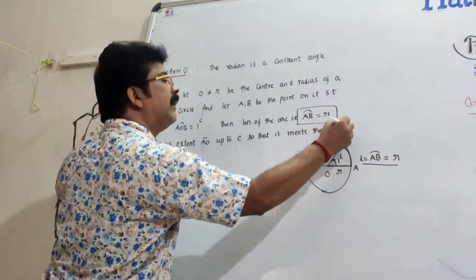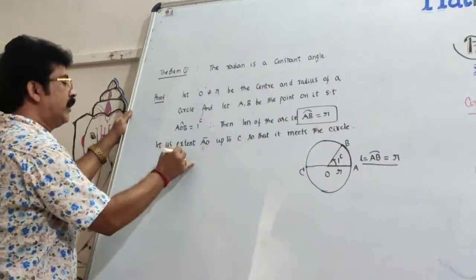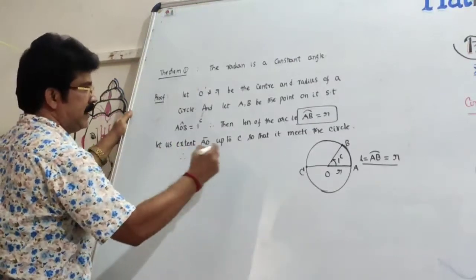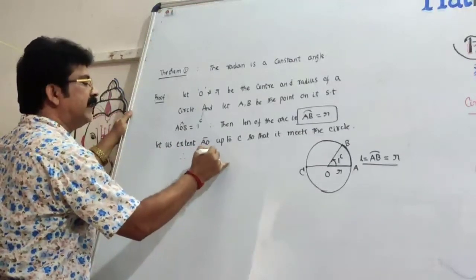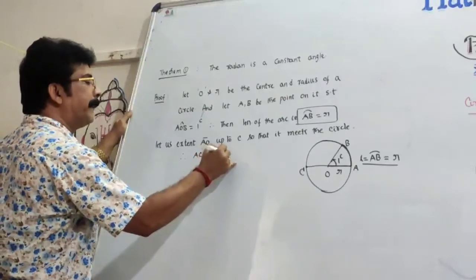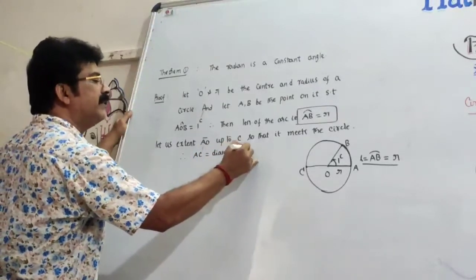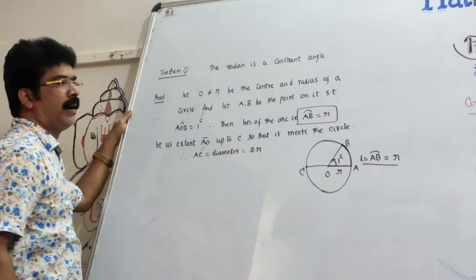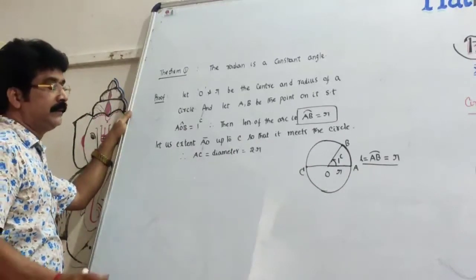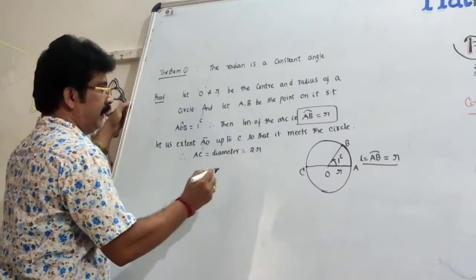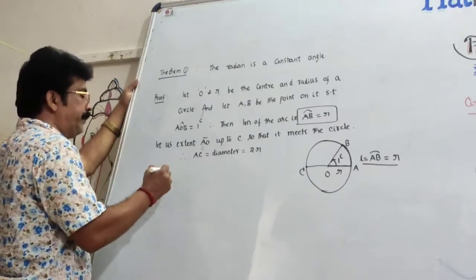Therefore, definitely AC, the total length, is equal to the diameter. Diameter means 2 into R. Understand? Right.